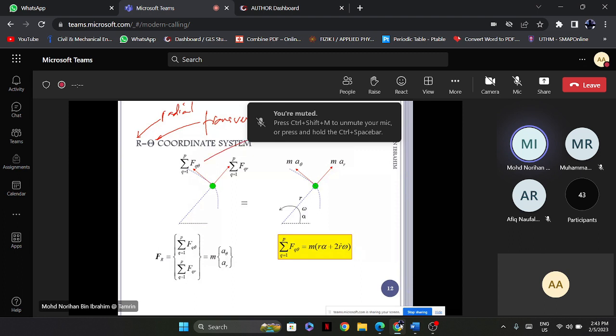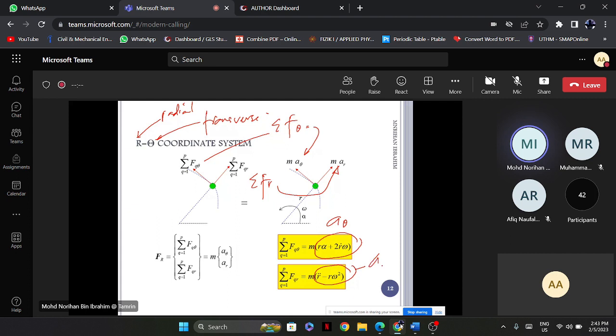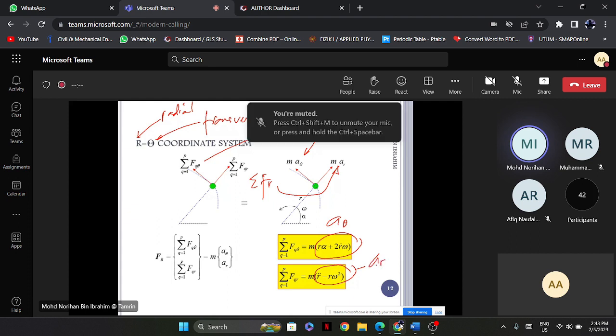Then we can write down the equation of sum of F theta is equal to m a theta, and also sum of F radial is equal to m a r. We know that a r is the radial acceleration, and a theta is the transverse acceleration.